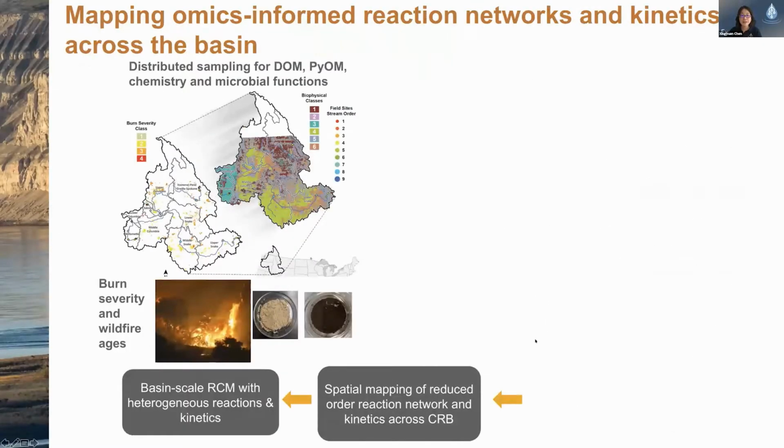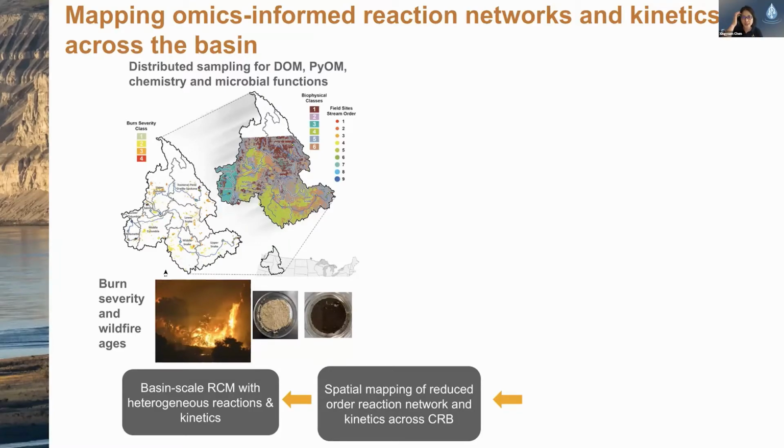Then the next thing, so that is work we have done. The research we are planning to do in the future is to use distributed sampling of all this DOM, PyOM, water chemistry and microbial functions, through the WONDERS network.